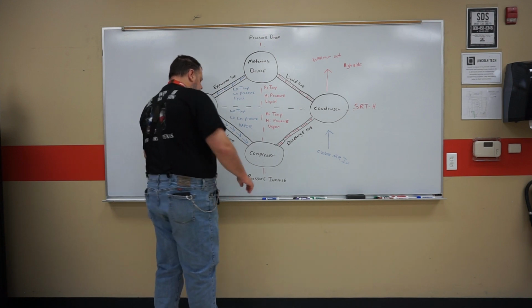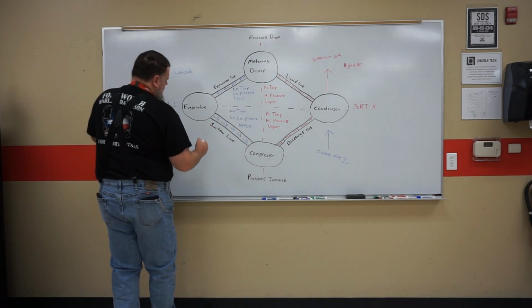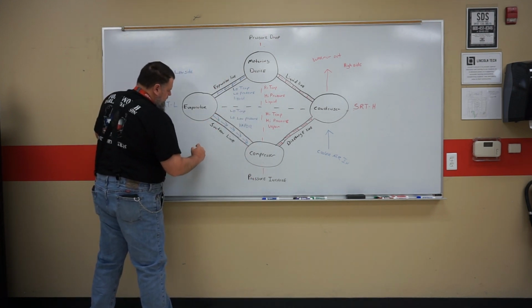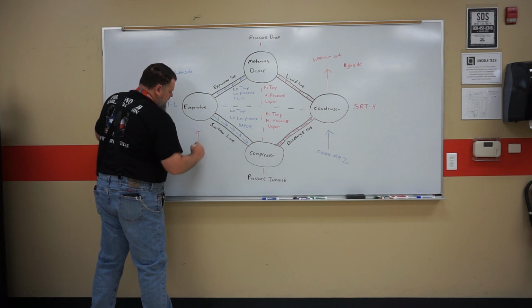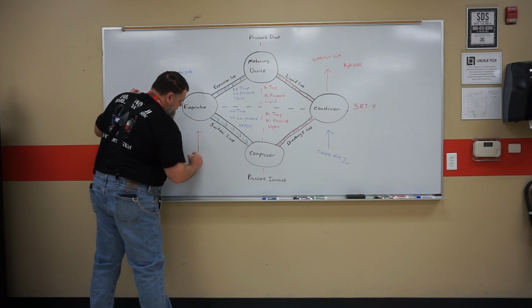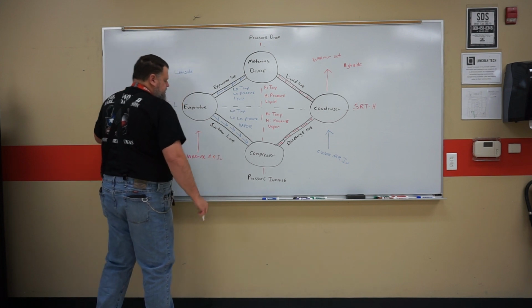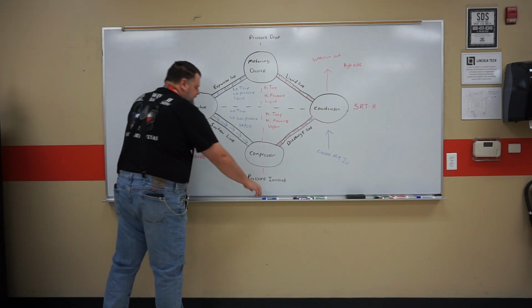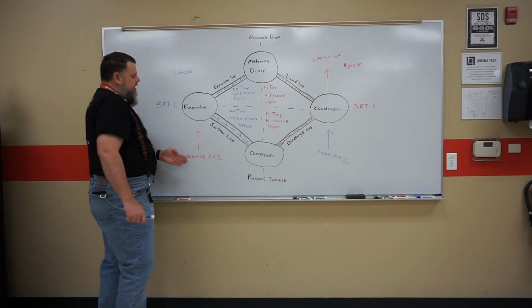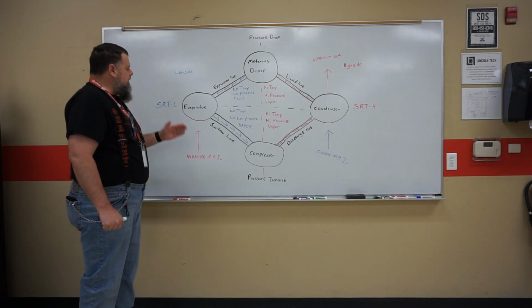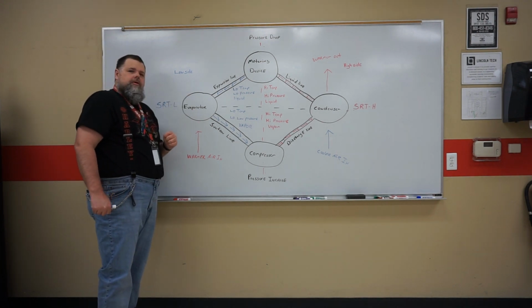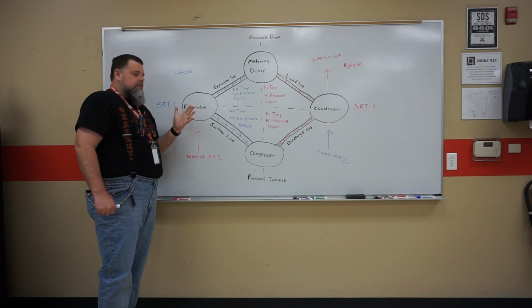All right, let's go over to this side. Inside your home or inside the space you're trying to cool, you're going to have warmer air going in. Well, this evaporator is colder than the air going across it. So the heat is going to be absorbed into the refrigerant because it's cold.